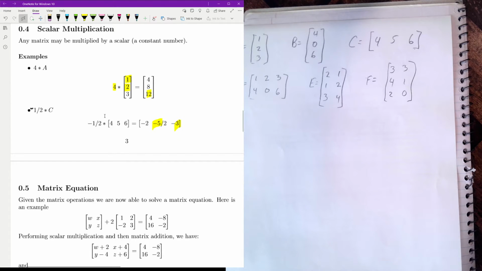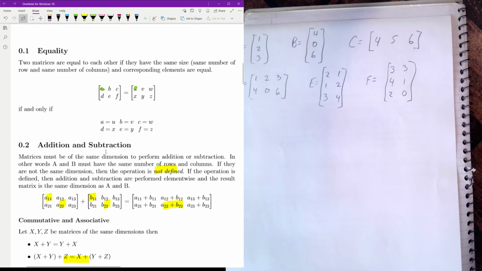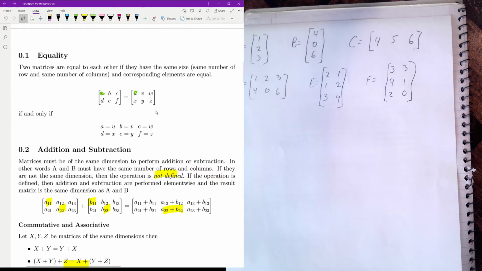What we've covered so far in this section now allows us to work with something we call a matrix equation. So you can basically set up equations using matrices. So we know that from equality, a matrix is equal to another matrix if and only if the elements themselves are equal to each other and they're the same dimension.